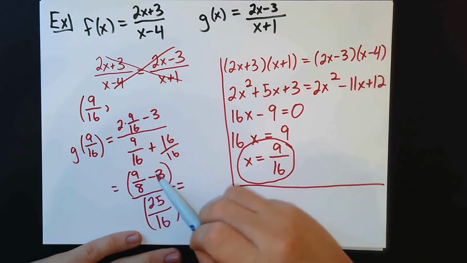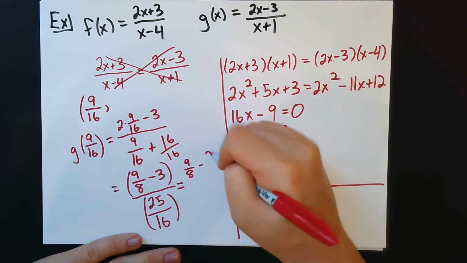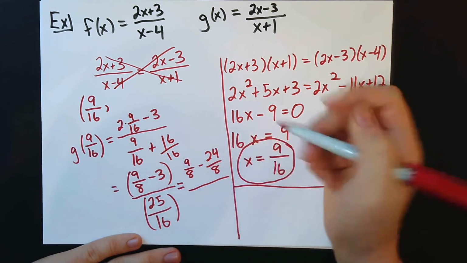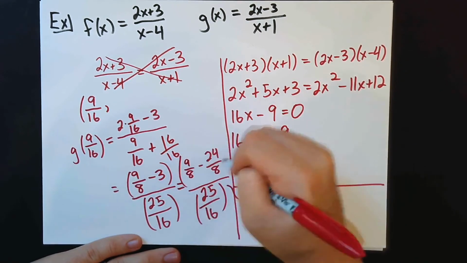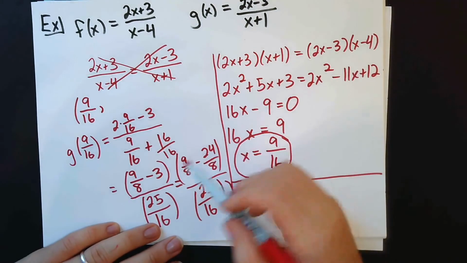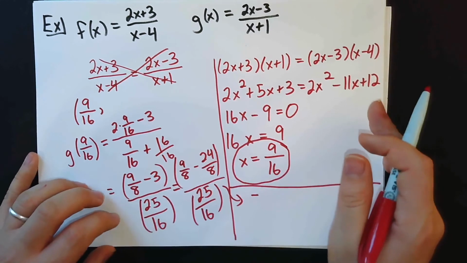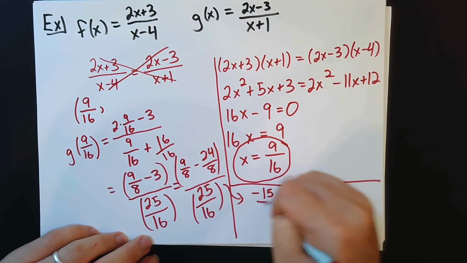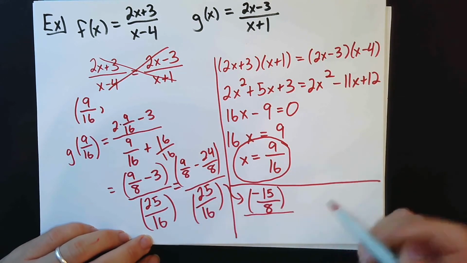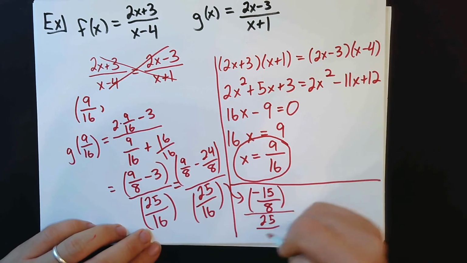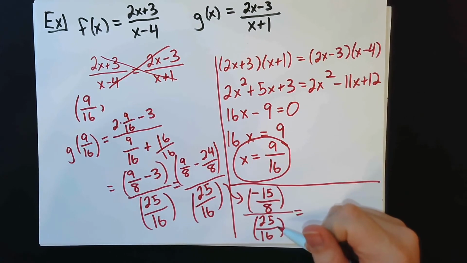Okay, so 9/8 minus 3, that is going to be 9/8 minus 24/8. All of this divided by 25/16. This will be minus 15/8 divided by 25/16. And remember, to divide fractions is to multiply by the reciprocal.